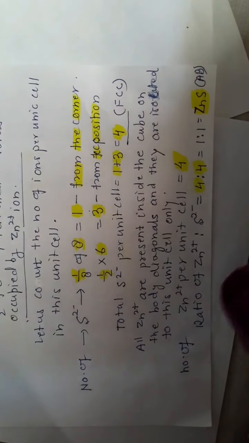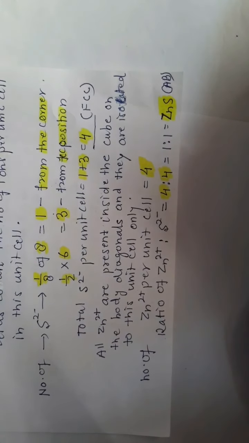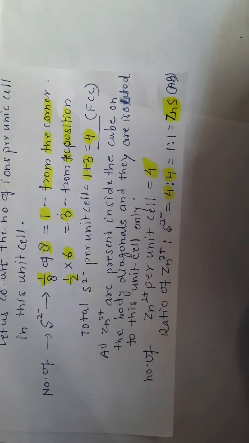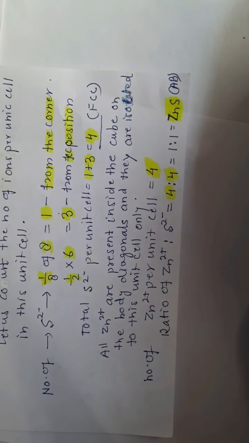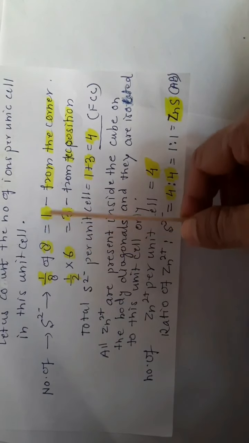Now let us count the number of atoms per unit cell in this unit cell. The number of sulfide ions per unit cell: there are 8 corners in this cubic unit cell and they are occupied by the sulfide ion. So 1/8 of 8 comes out to be 1.